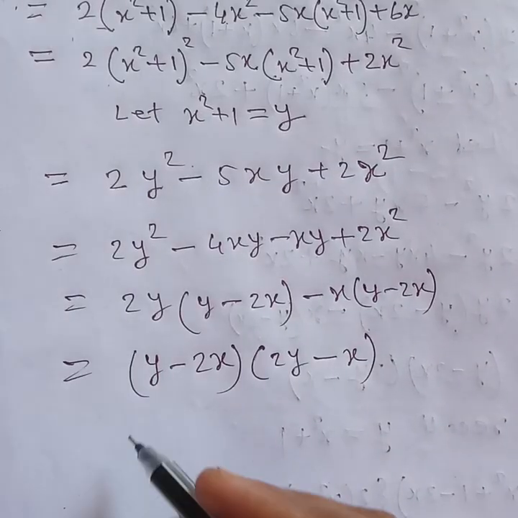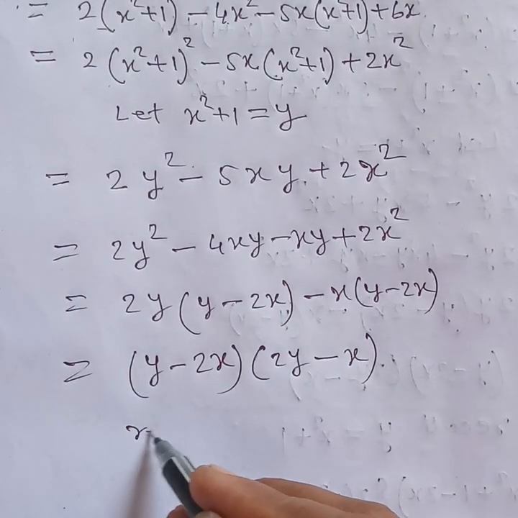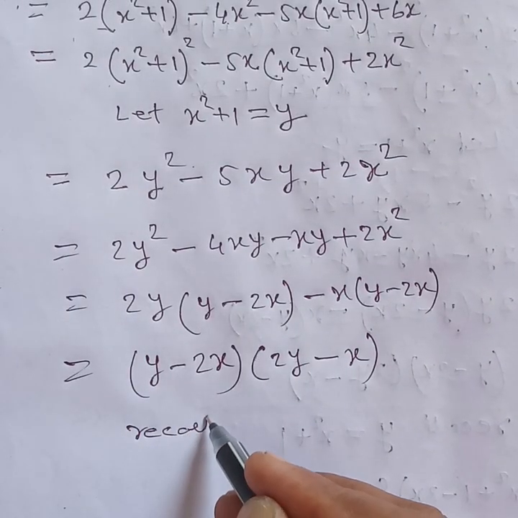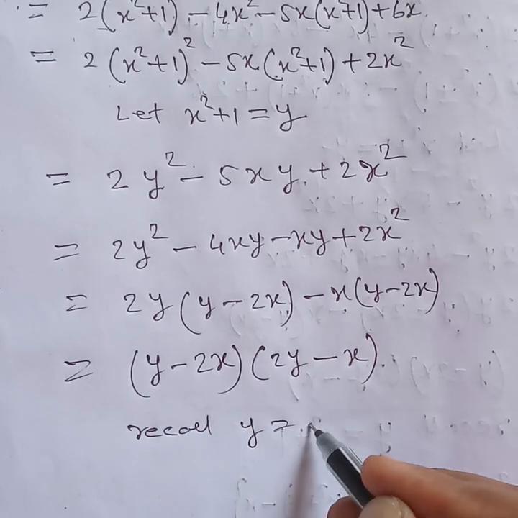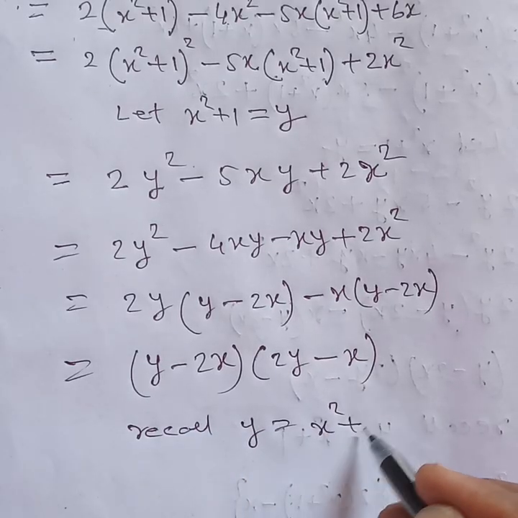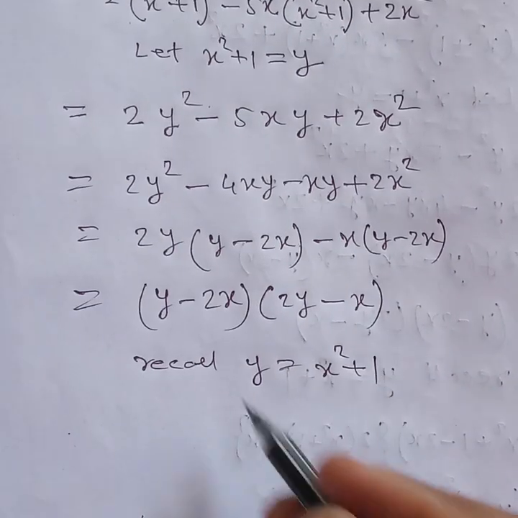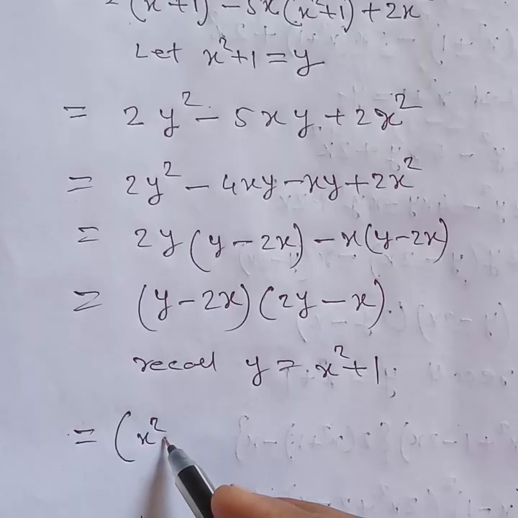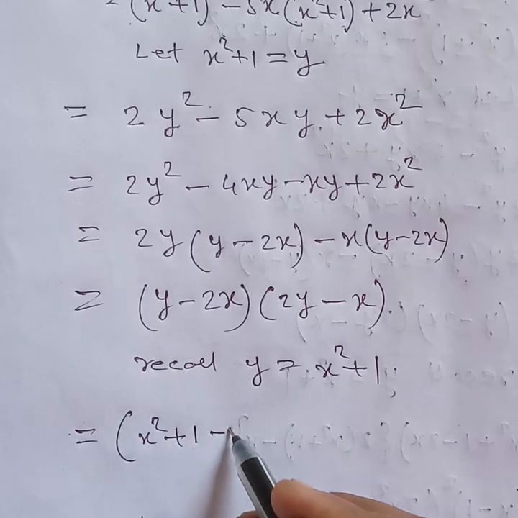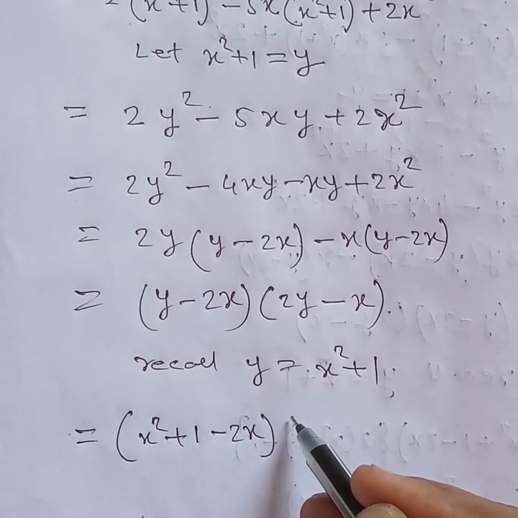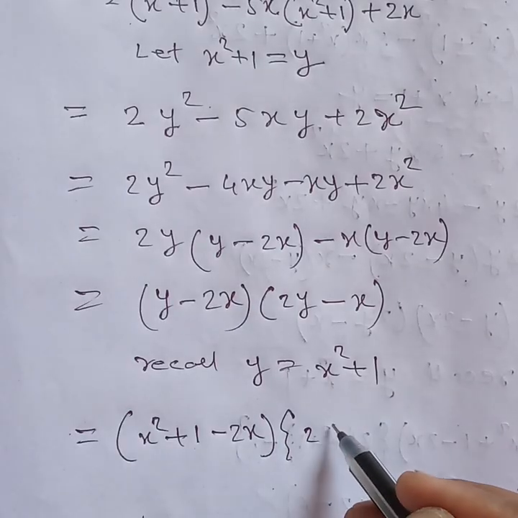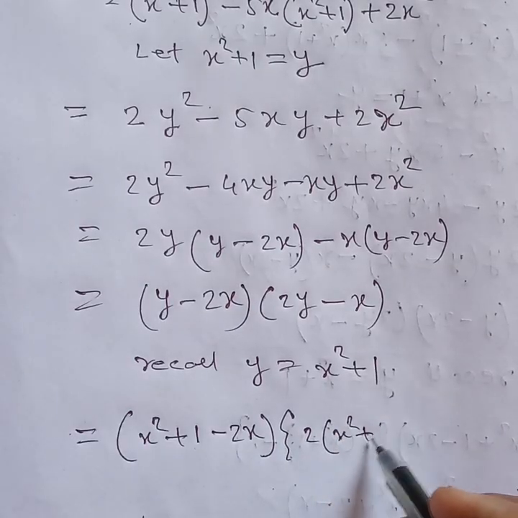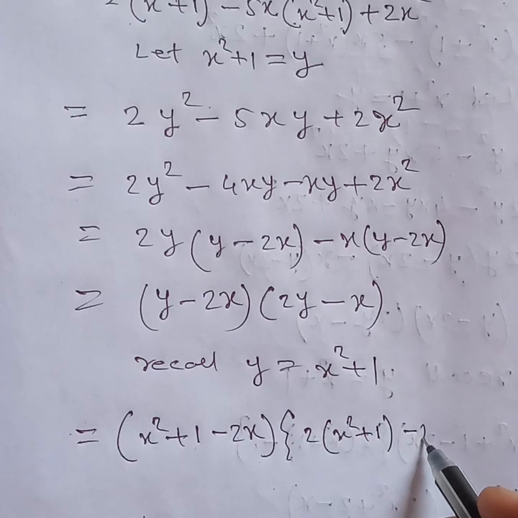Now recall y is equal to x square plus 1, then this expression will be x square plus 1 minus 2x into 2 into x square plus 1 minus x.